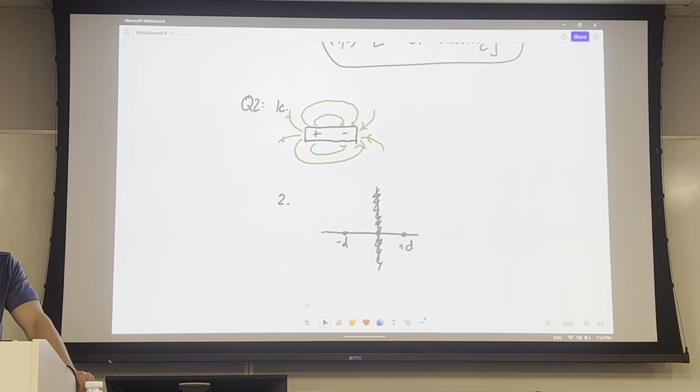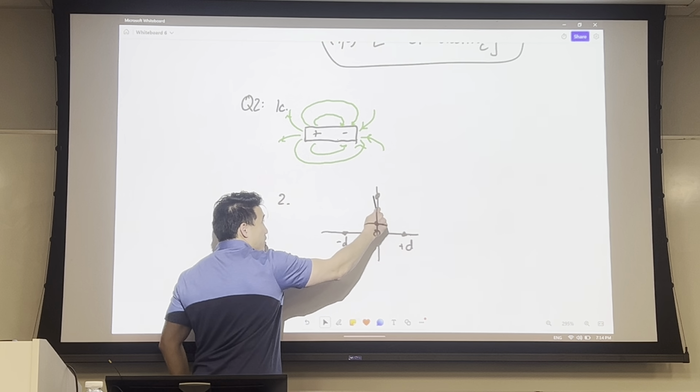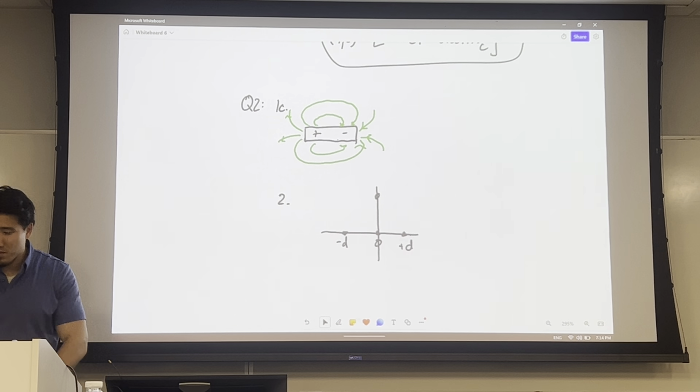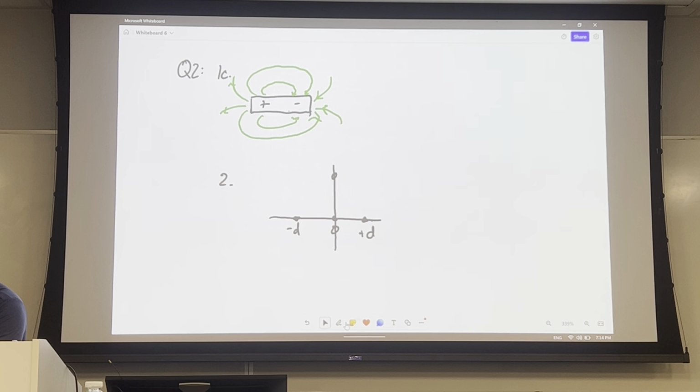So we just pick an arbitrary point. Let's just work on an arbitrary point up here. There's no charge there. We're just looking at how these three charges are distorting the space right here. Because these are all positively charged, the electric fields are all going to be pointing away.